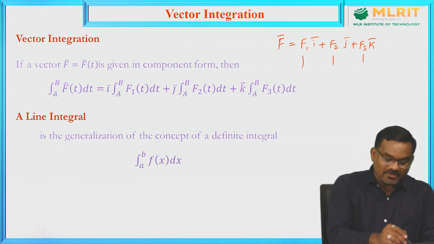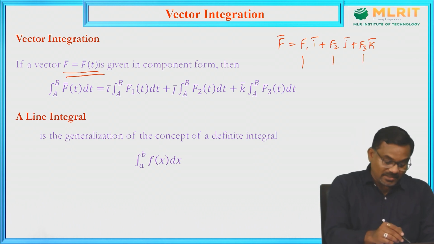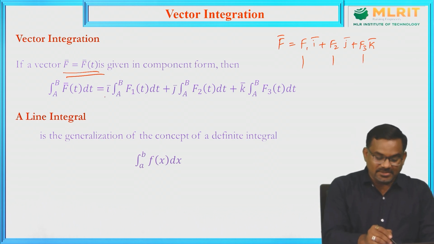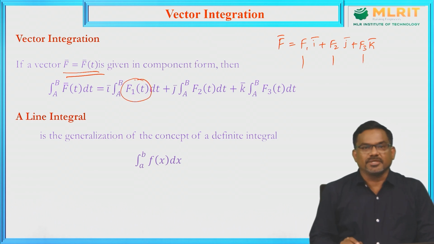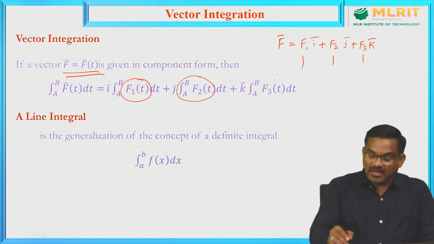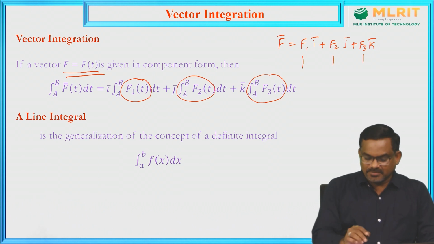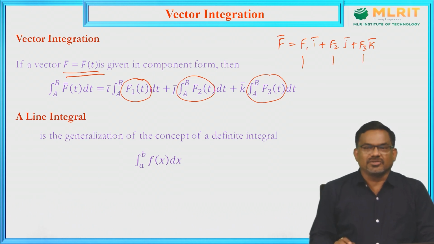That is, for example, integral from a to b of f bar of t dt is i bar into the integral of the first component with respect to t, plus j bar into the integral of the second component, and k bar into the integral of the third component. So, simply this is the evaluation of the integral of a vector.